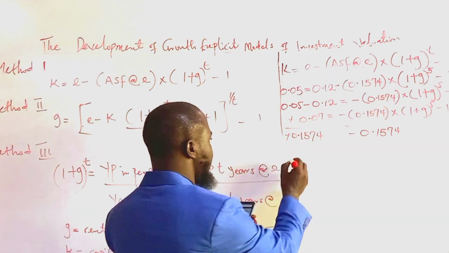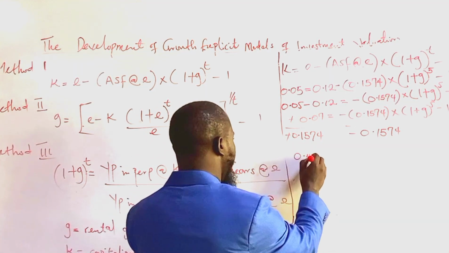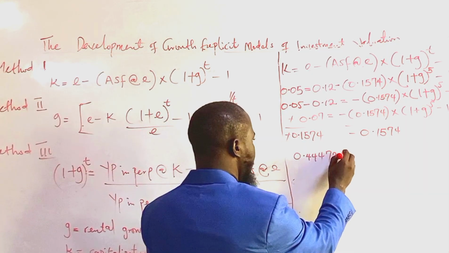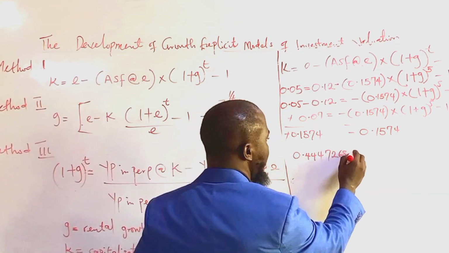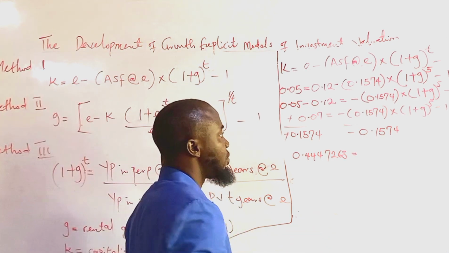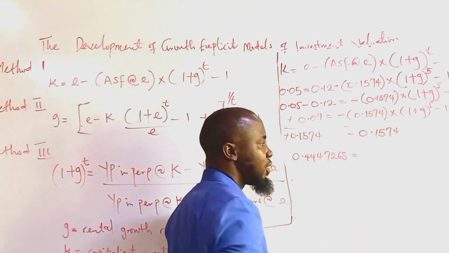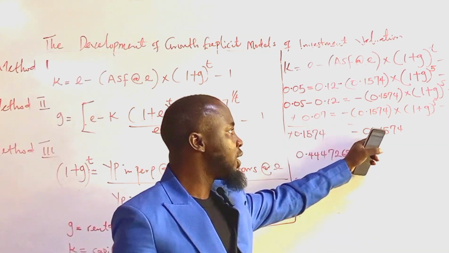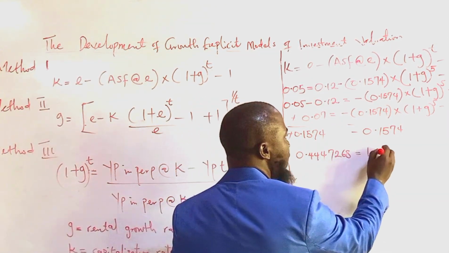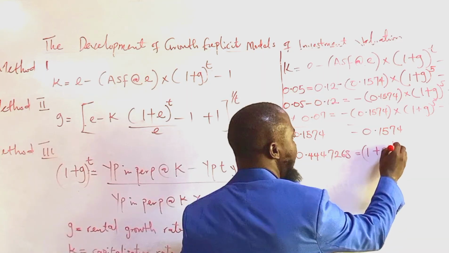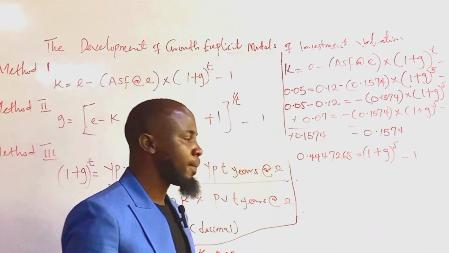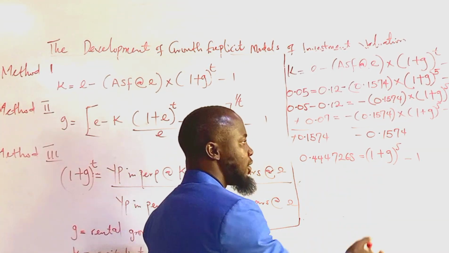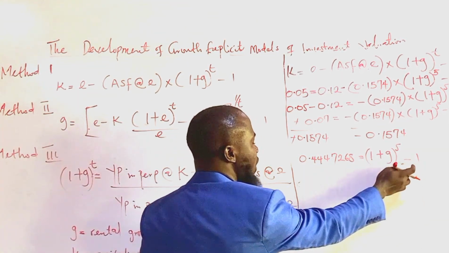We have 0.444268. Then this will cancel this. 0.1574 divided by 0.1574. This will cancel the minus, minus this cancel. We are left with what? 1 plus g all raised to the power 5 minus 1. Now from here again, you can bring this one here.